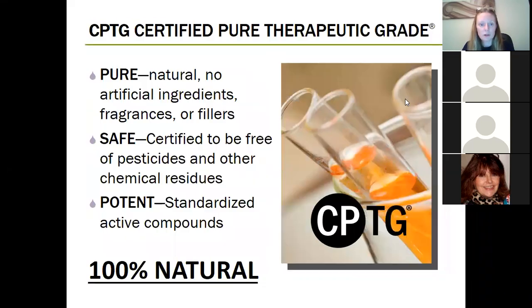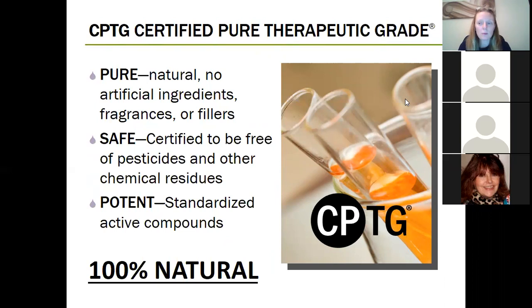I'm just going to go back to this slide, which is a little bit about the testing process that the oils go through. Now, if you were to go to a shop and buy a lavender oil, for example, there's no kind of certification to say that the oil is 100% natural.